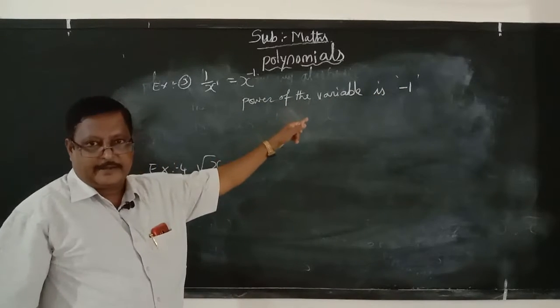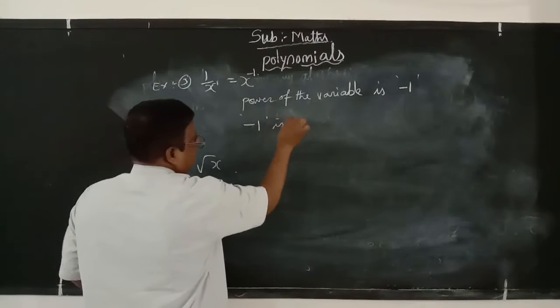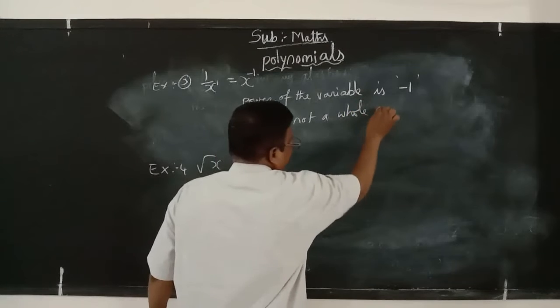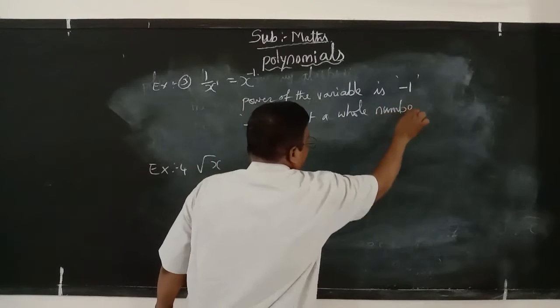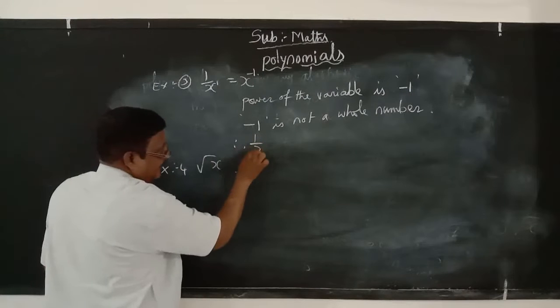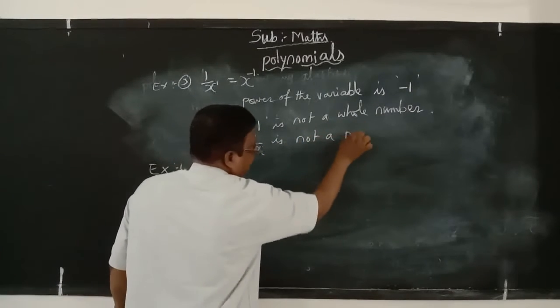Minus 1 is not a whole number. Therefore 1 by x is not a polynomial.